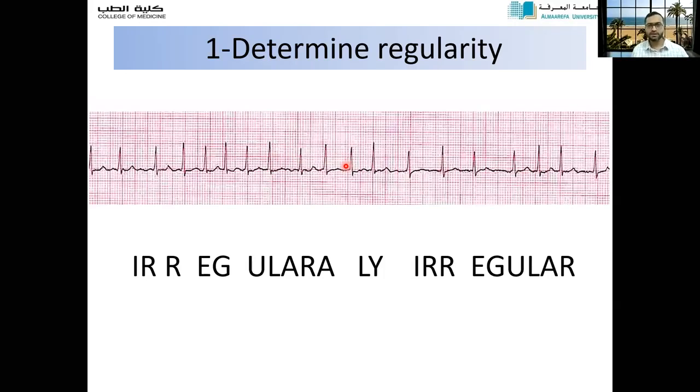And these variations, whether it's regular, regularly irregular, or irregularly irregular, help you to classify the arrhythmias and to reach the diagnosis of the arrhythmias or the origin of the arrhythmias, where they are.